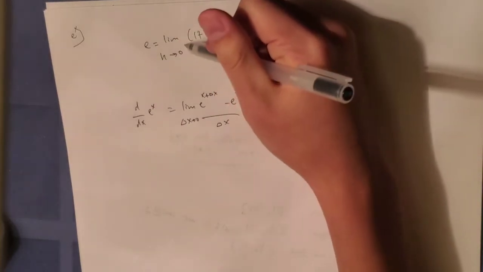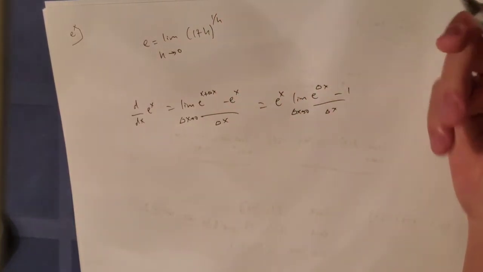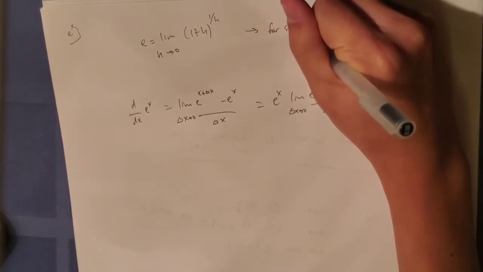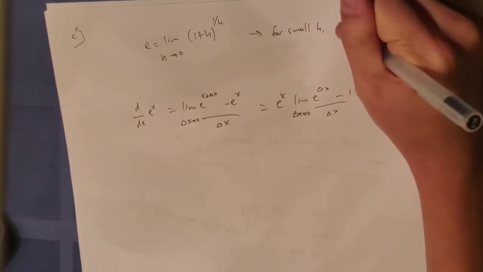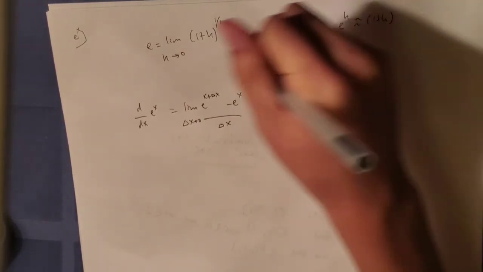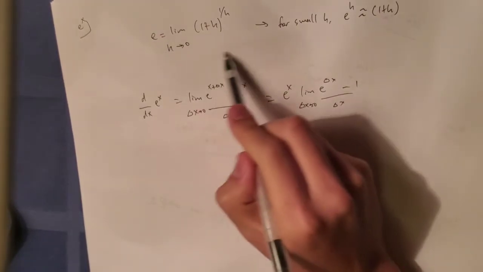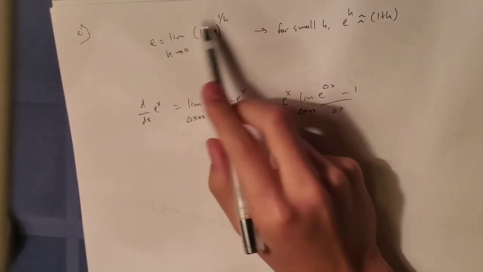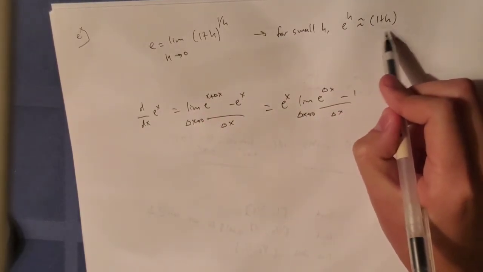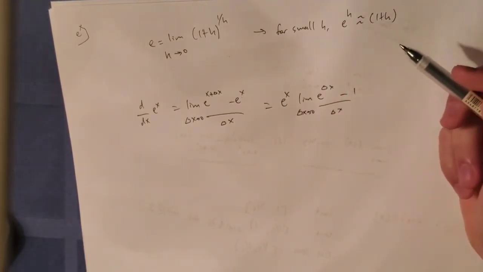But if we look back to here, we can say that for small h, e to the h roughly equals 1 plus h. We just raise both sides to the h power, right? So you raise this to h, you raise this to h. The exponents will cancel on this side, and you're left with 1 plus h roughly equals e to the h.